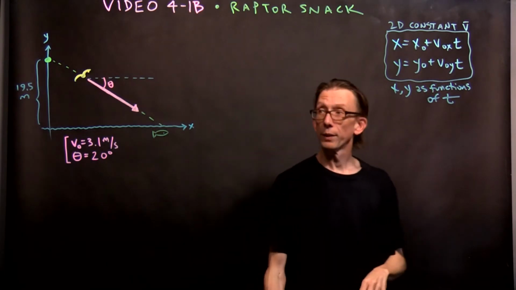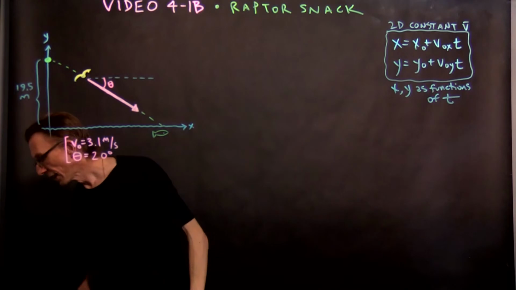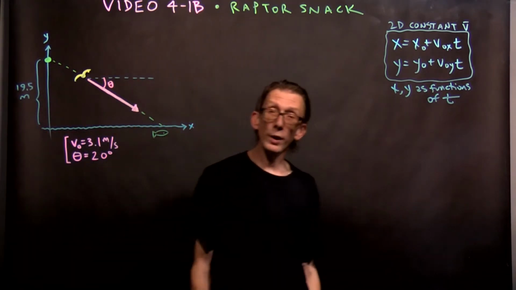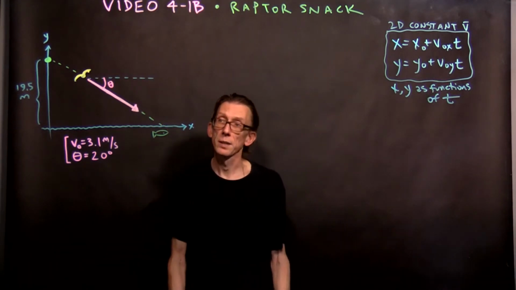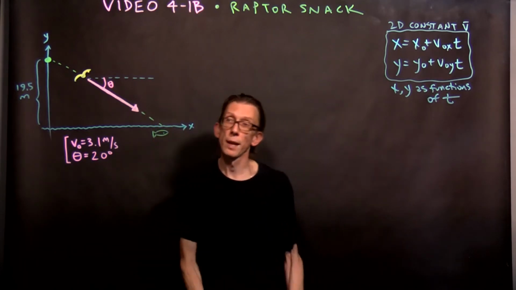That's 20 degrees. So that's the situation: 3.1 meters per second, 20 degrees is that angle right there. You could call it negative 20. I'm just going to call it 20 for this case, and so does the book. But it points below that horizontal.